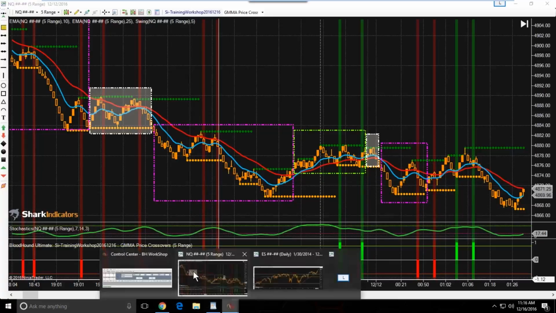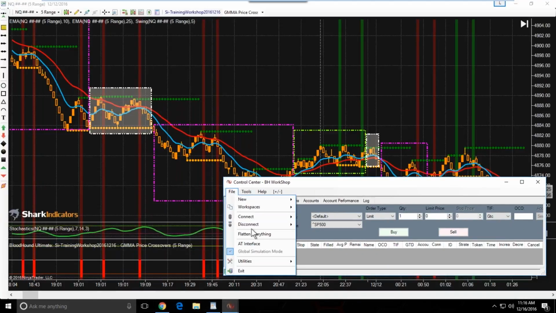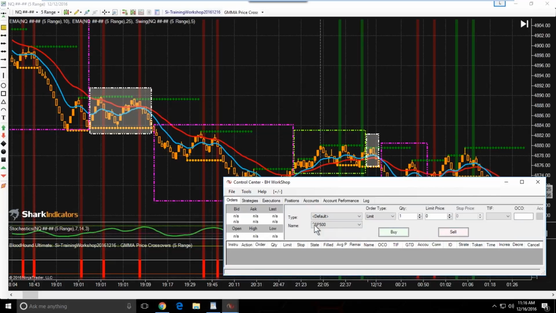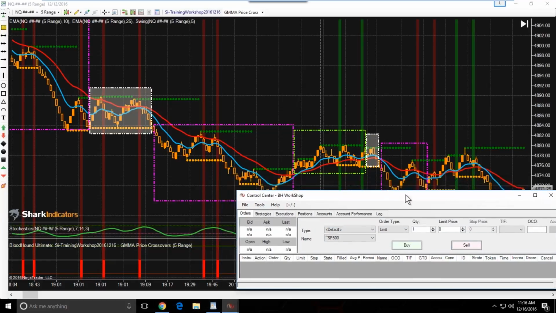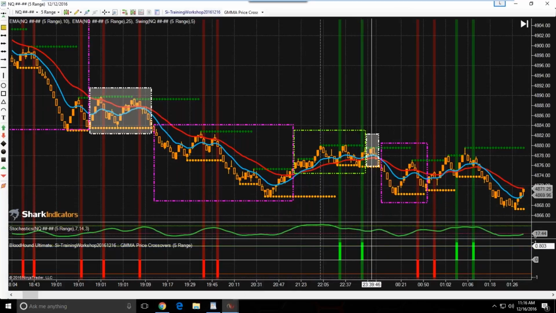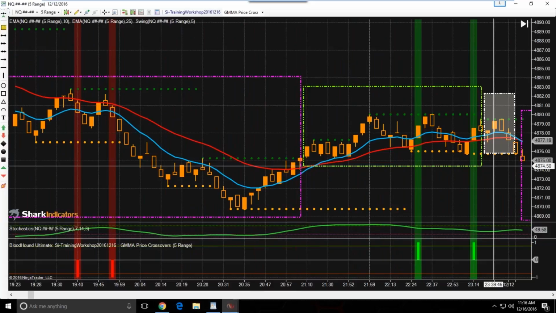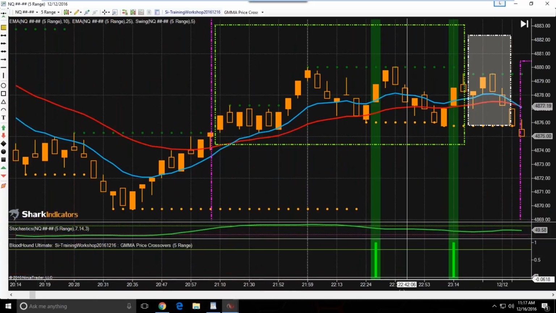So just a moment here while I prepare. To explain what I mean, I need to disconnect my data feed. So this is a little trick to learn about NinjaTrader here. So I'm gonna zoom out here.